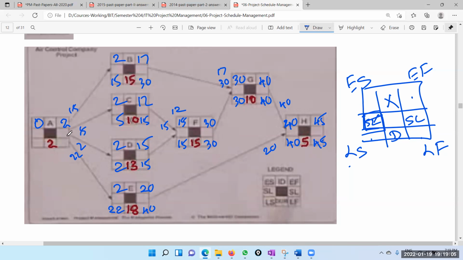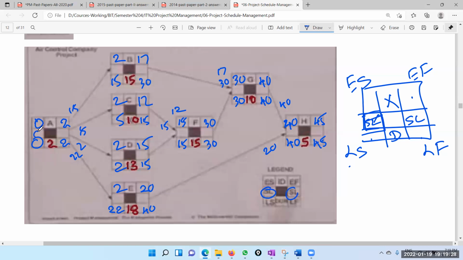So in the backward passing, we have to take the smallest, not the biggest. So therefore, here you have the 2, smallest. So 2 minus 2 is 0. Right? If you do it properly, there will always be one path having all the activities with 0 slack. Remember, this is slack.